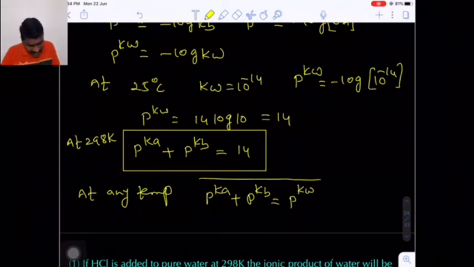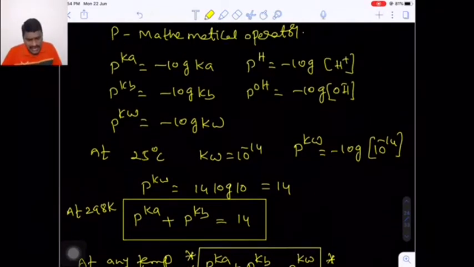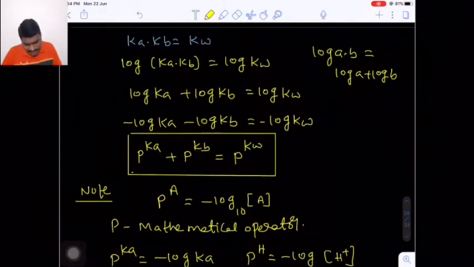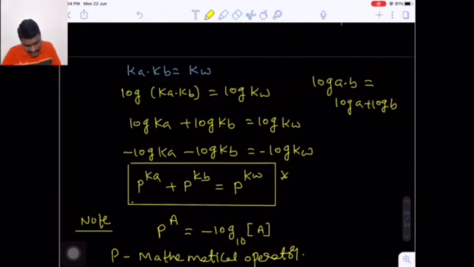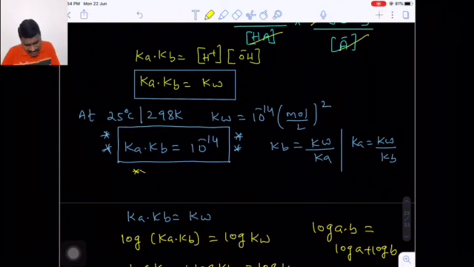This is a very important relation between power of Ka, power of Kb and power of Kw. This is the one relation, very important relation. And one more relation here: pKa plus pKb will be equal to pKw. And one more important relation, Ka into Kb will be equal to Kw, at room temperature 10 raised to minus 14.